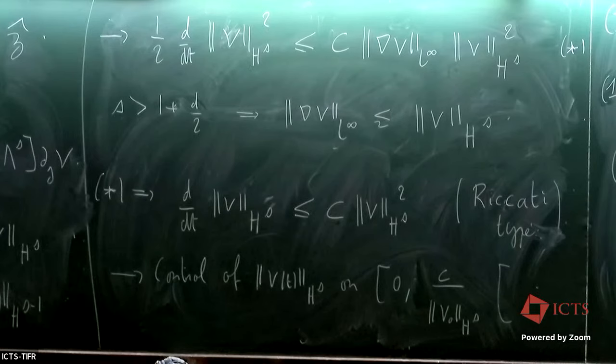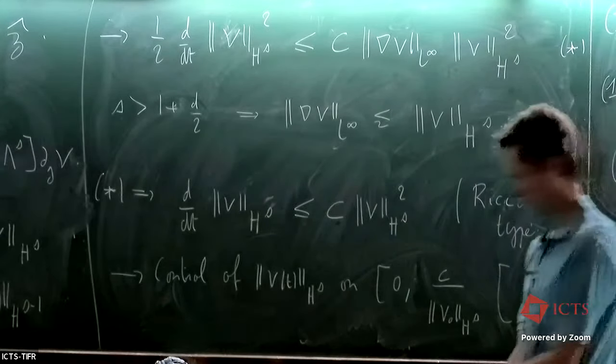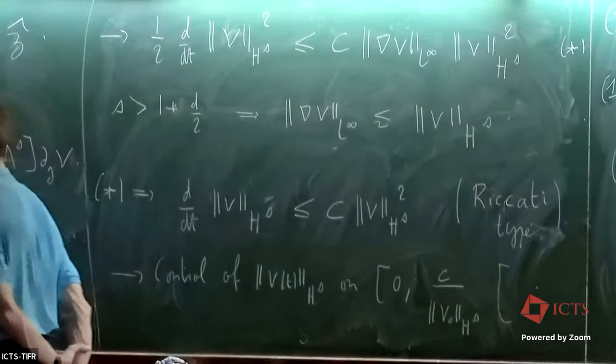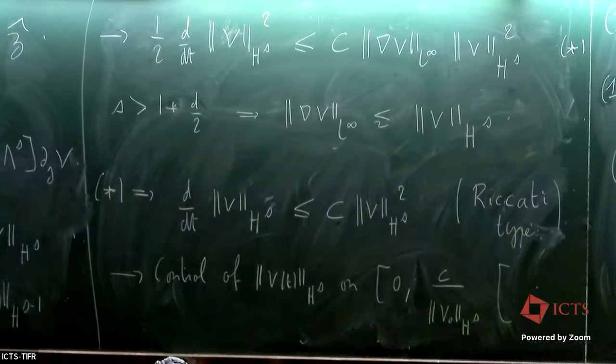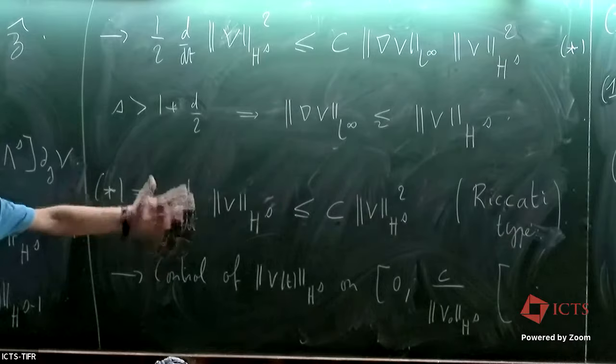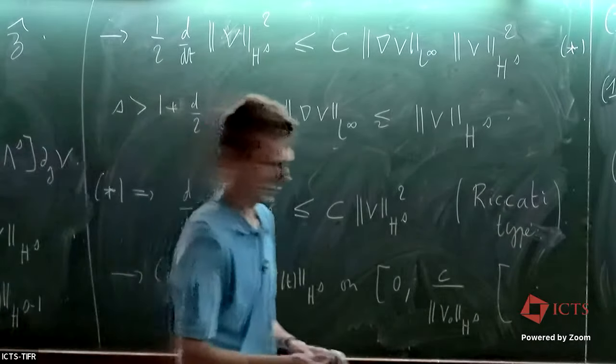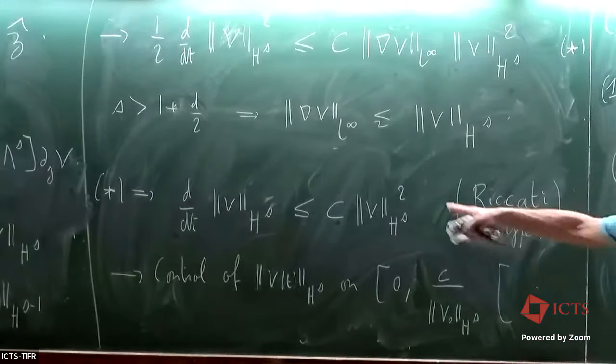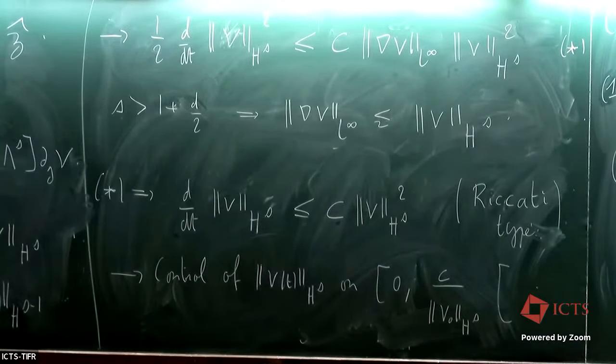Okay, very often, in most evolutionary problems that I know, where you have only local existence, the final step is this one. You end up with a Riccati equation, very often. Sometimes not a square, something a bit different, but always in the same spirit.